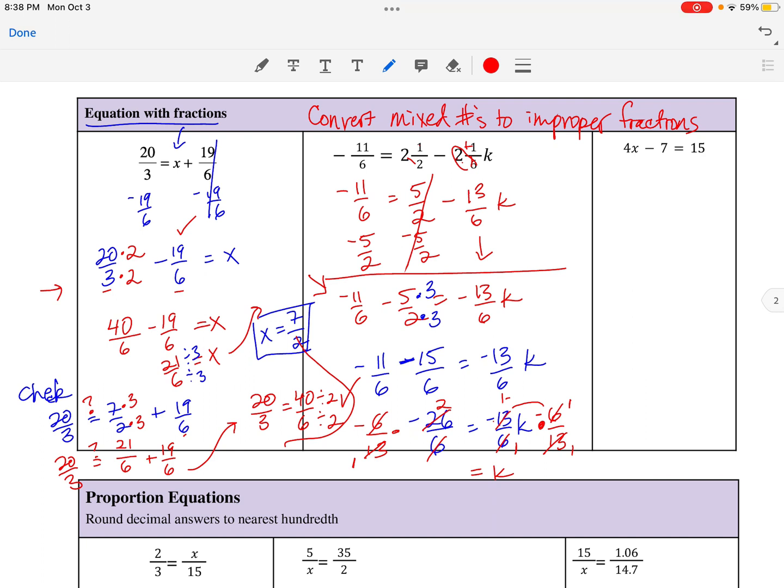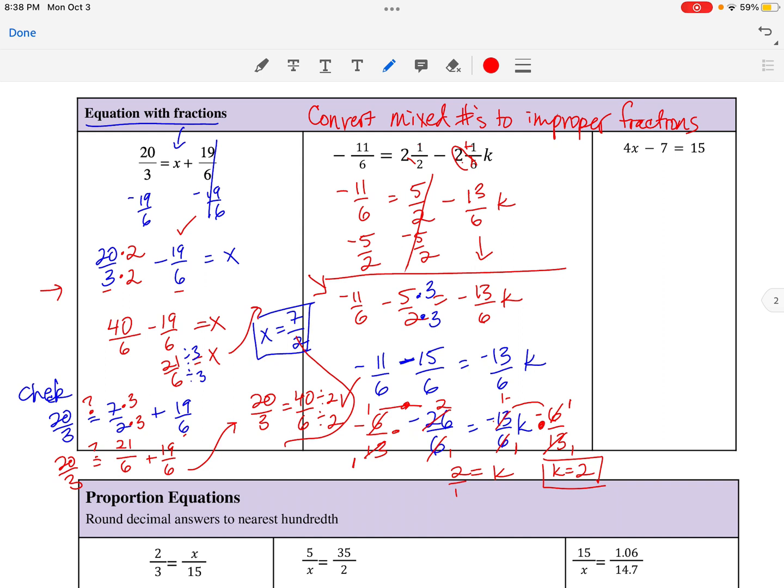So basically it's simplifying before you do the multiplying. So the 6s cancel to 1. Now we're going to multiply across the top. Negative 1 times negative 2 is 2. And on the bottom, 1 times 1 is 1. And so 2 divided by 1 is 2, so that is k equals 2.